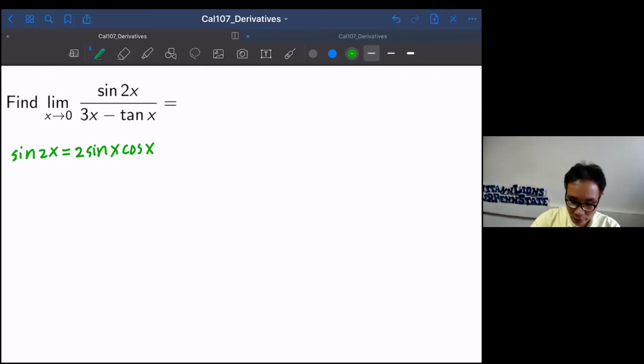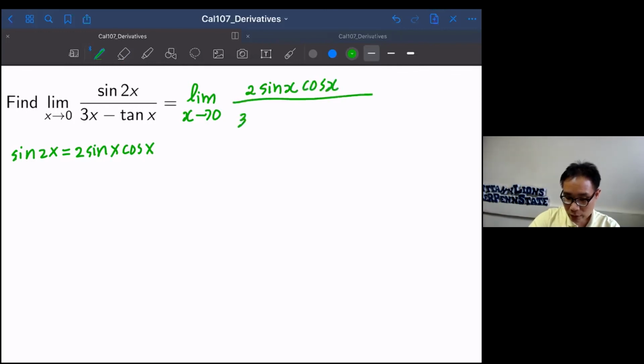So in this case, it's going to be the limit as x goes to 0 of 2 sine x cosine x over 3x minus tan x, and tan x is sine x over cos x.